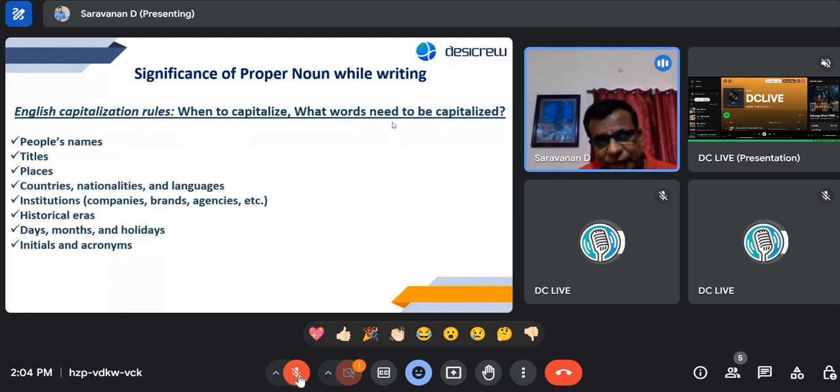If you want to write his full name, what you have to do is capitalize the V, and another V will also be capitalized. Okay, so the titles like Mr., Miss, and stuff like that. The places, right? So any particular place with the name, right? City, if you say city, it is common. But when you say Chennai, then you will capitalize that.